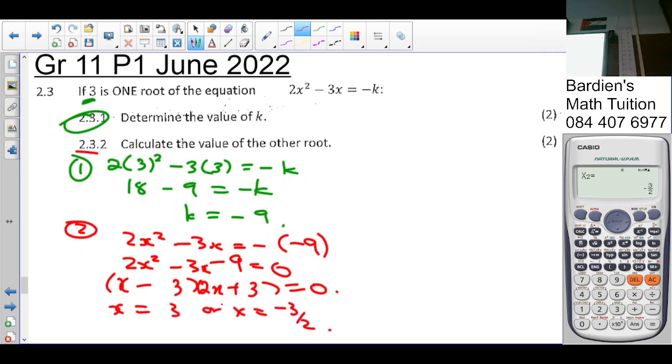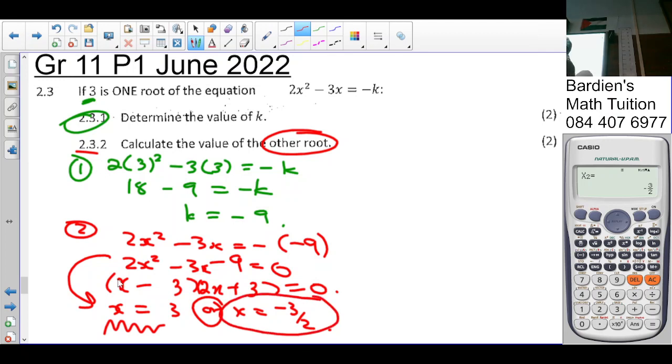Now, if you had used the quadratic equation, you could have gone from this straight into that. There's no mark allocated for this here. Whichever method you prefer using, you get a mark for it. But the question is, calculate the value of the other root. So x is equal to 3 is the one root, and this is the root they're looking for. That's the other root, the other x value.